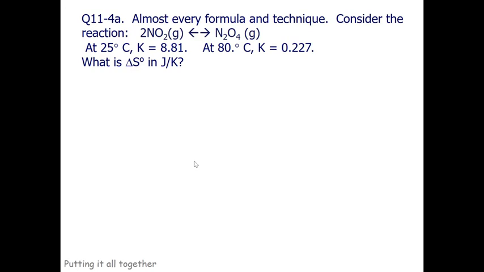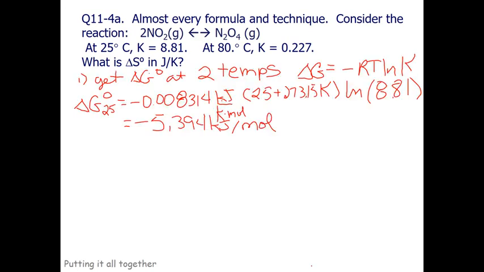First, we're going to solve for delta S naught in joules per Kelvin. So our strategy here is to first get delta G naught at two temperatures using the formula delta G naught equals minus RT natural log of K. So I've set it up for you for delta G naught at 25 degrees Celsius. We have a minus 0.008314 kilojoules per Kelvin mole.